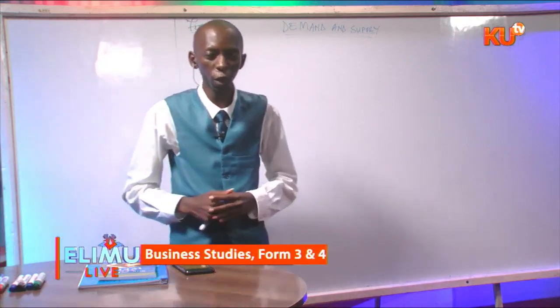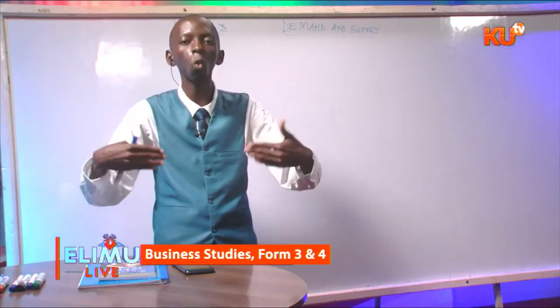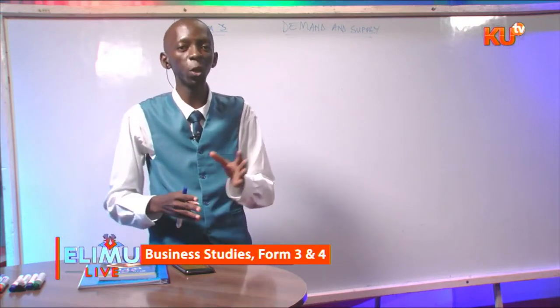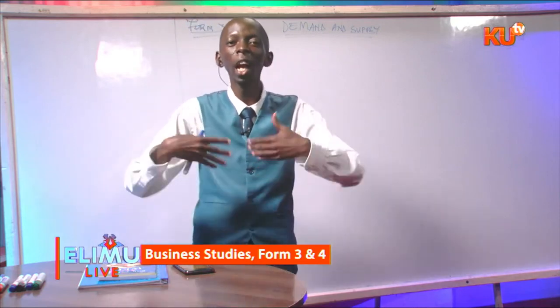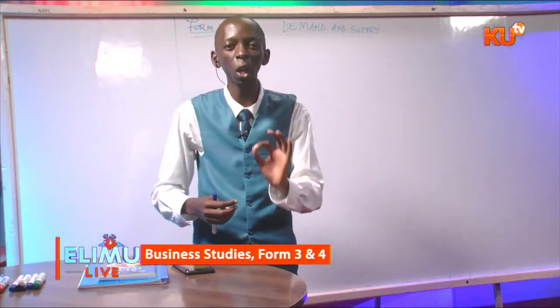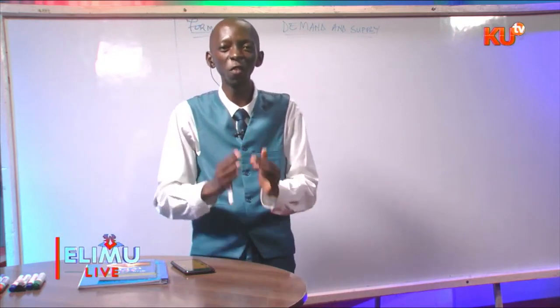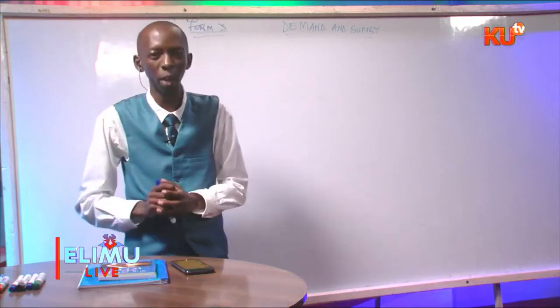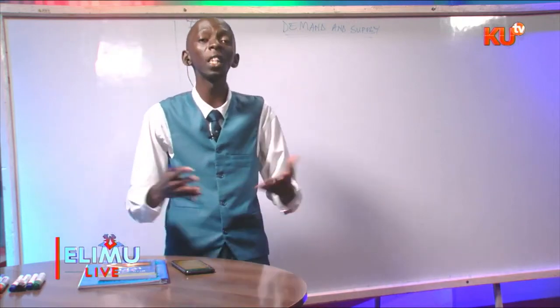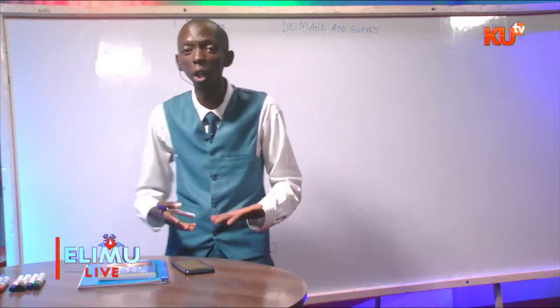We achieved various objectives in the previous lesson where we defined what demand is, saying that demand is the amount of goods and services that the buyers are willing and able to buy at a given price in a given period of time. And we looked at the various factors that influence the demand of a product.